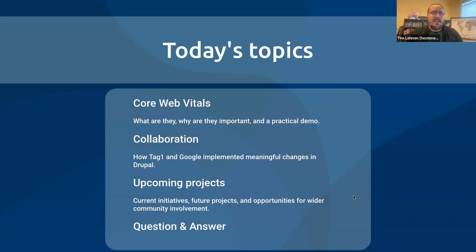We'll talk about our collaboration, how Tag1 and Google together implemented some meaningful changes in Drupal already, and some of those successes that are hopefully already reaping benefits for your own sites. And we'll talk about upcoming projects and collaborations between the Drupal Association, Tag1, Google, and hopefully other folks. If you yourselves are interested in partnering, or have ideas, or have some resources that you'd like to support some of these ideas, we'd certainly love to hear about it and create some opportunities for even more collaboration and involvement. And then finally, we'll go into that Q&A portion.